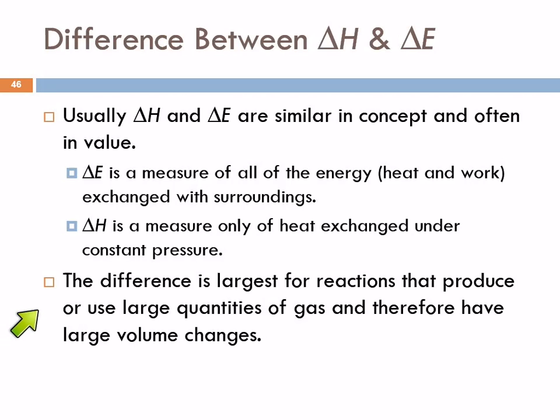The only time we really notice a big difference is when we have reactions that produce or consume large quantities of gases. If there aren't large quantities of gases either being consumed or released, then it really doesn't matter that much.